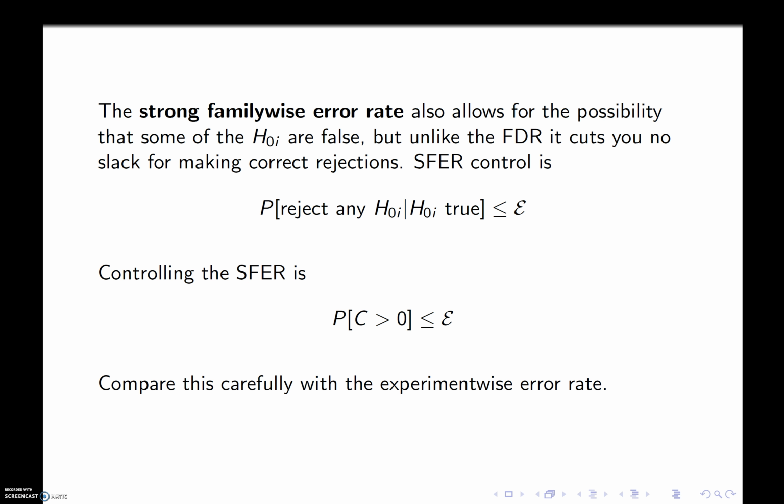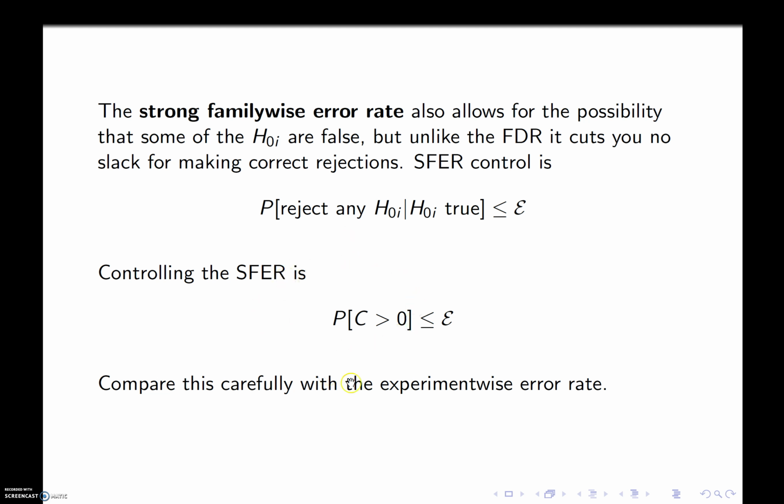Okay. So finally, strong family-wise error rate control allows for the possibility that even some of your H-naughts are false, but differing from FDR, it cuts you no slack for making correct rejections. So it doesn't take into account that proportion, that C plus D in the denominator on the last slide. So it's basically saying we can reject any H-naught, provided H-naught i is true.